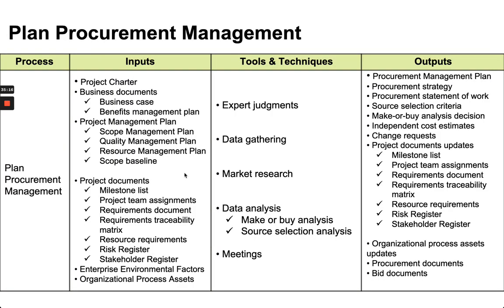So when you look at, again, one of the 10 knowledge areas, procurement, here's that template: plan procurement management. The output is the plan of the procurement, with similar tools and techniques and similar inputs.